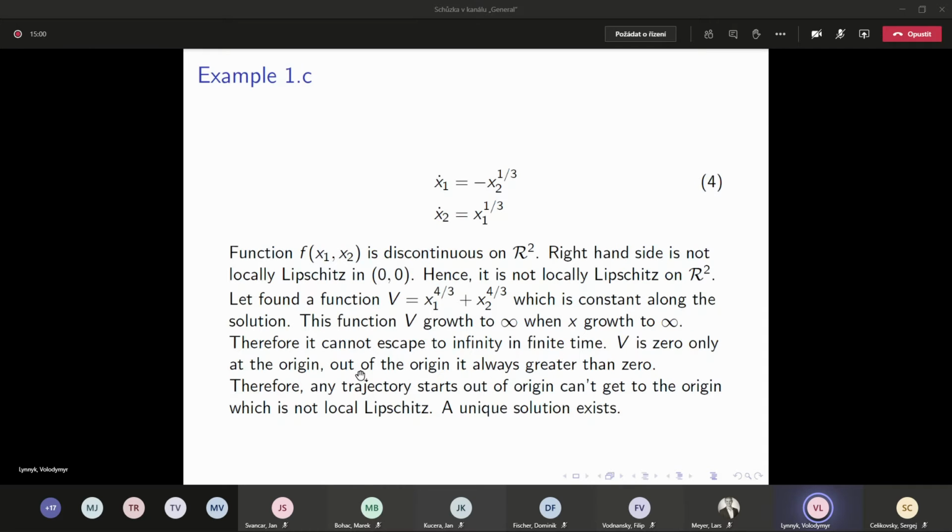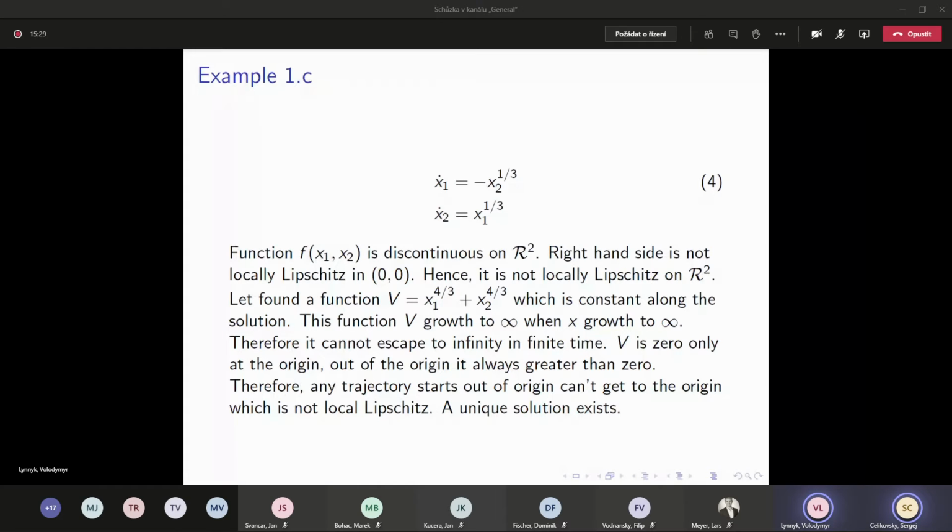And the next example, x1 dot equal to minus x2 to the power 1 divided by 3 and x2 dot equal to x1 to the power 1 divided by 3, and the function phi is discontinuous on R2. The right hand side is not locally Lipschitz at 0, 0, and so it is not locally Lipschitz on R2.